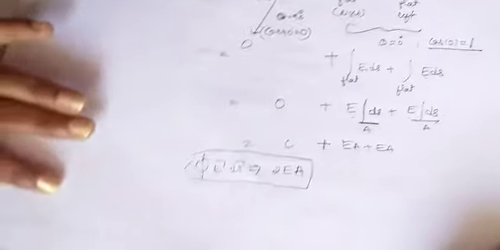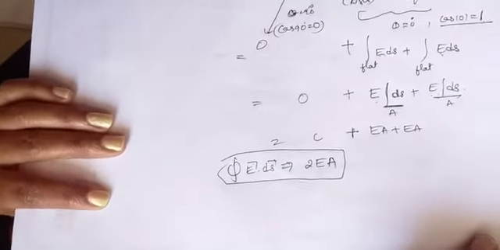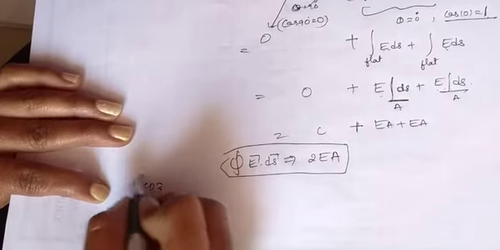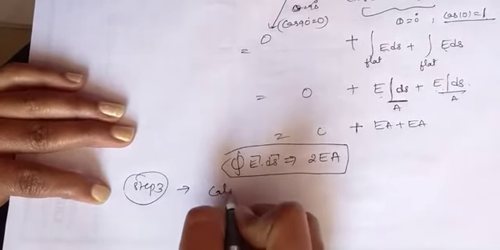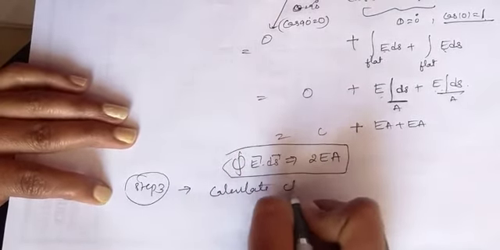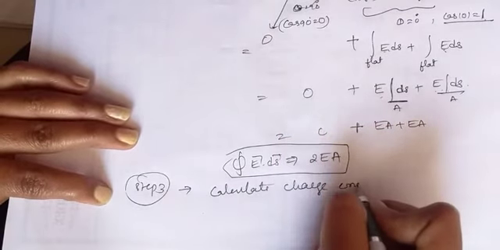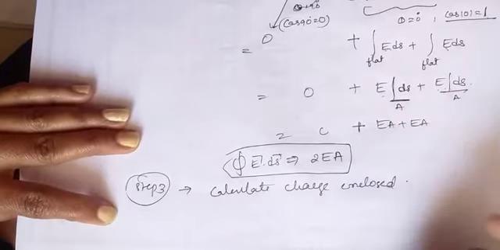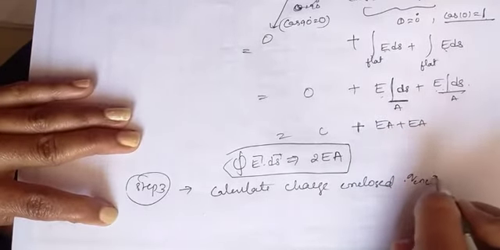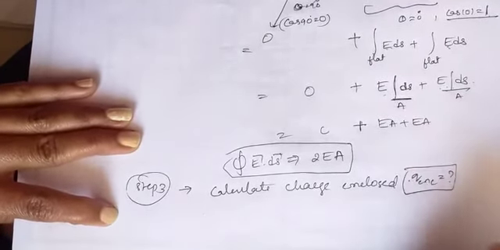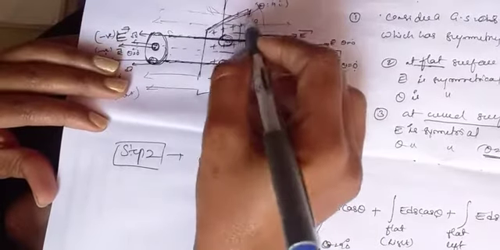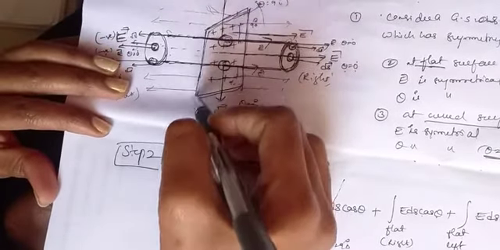Now the third step is to find the charge enclosed. Step 3: calculate the charge enclosed by the Gaussian surface, that is Q enclosed. Here we are using the sheet, so the charge enclosed by this sheet depends on the area of the sheet.